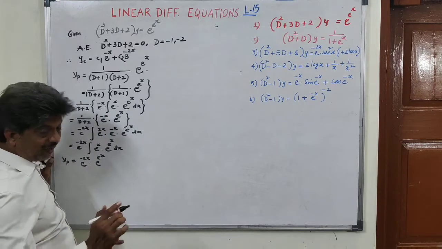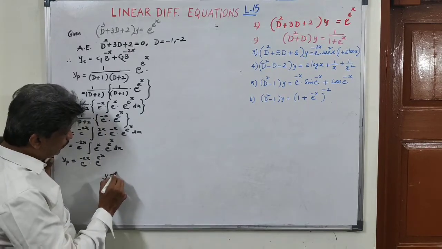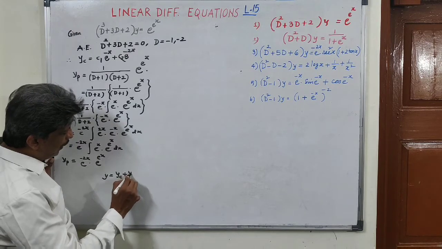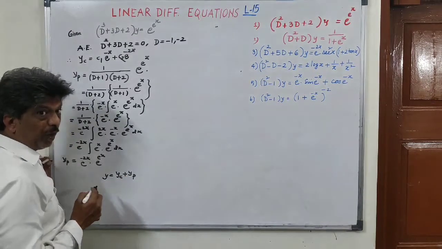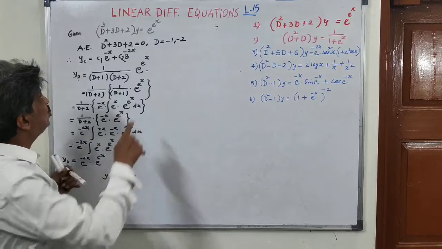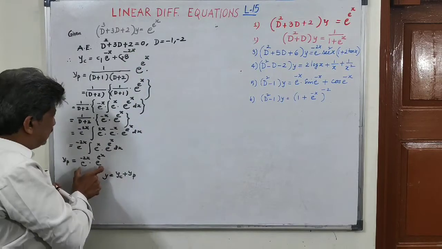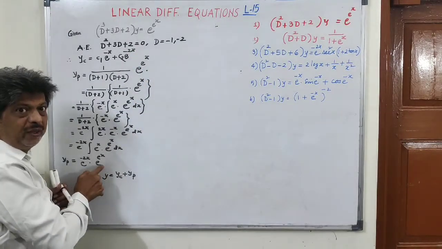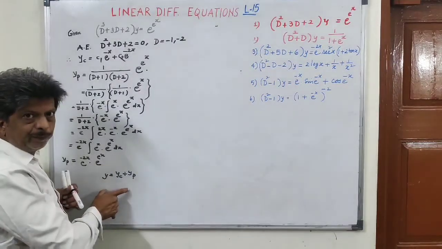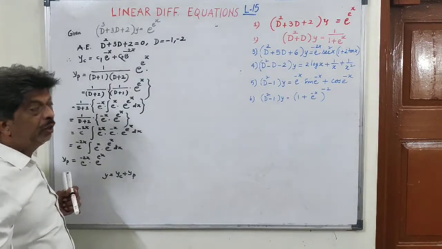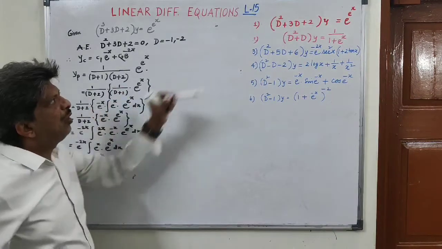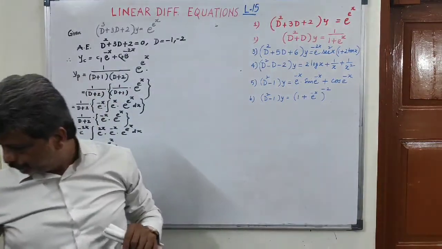The general solution is y equal to yc plus yp: C1 e raised to power minus x, C2 e raised to power minus 2x, plus e raised to power minus 2x into e raised to power e. That constitutes your general solution of this first example.